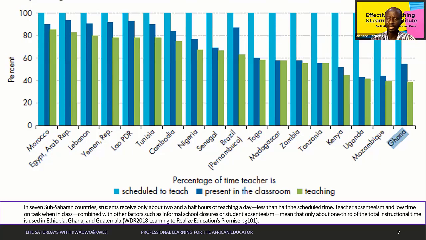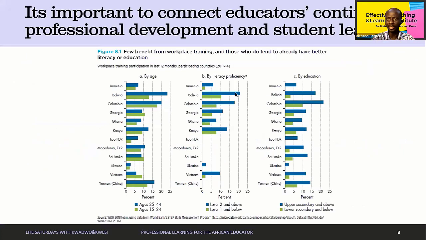I think professional development is very critical, and that is what I mean. Organizations like EduTransform, we are committed to providing access to high quality professional learning for the African educator, so that they can give their best in the classroom and enable learning for any child anywhere. That is our focus, our mission. And critical to this is our ability to connect educators' continuous professional development to students' learning.